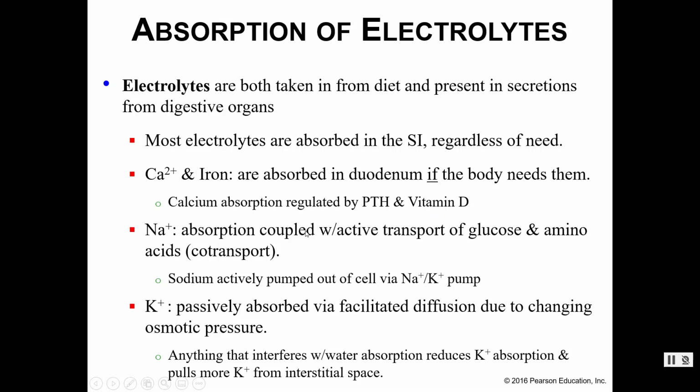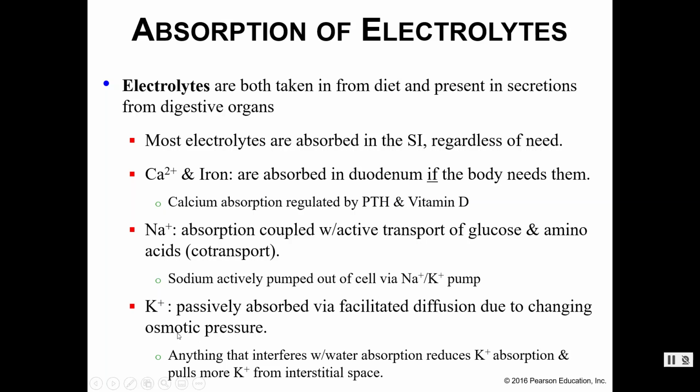Now, sodium absorption is coupled with the active transport of glucose and amino acids. So because we're coupling things, we call this co-transport. Okay. Sodium is actively pumped out of the cell as well via the sodium-potassium pumps. So we can move sodium in a couple of different ways. And then potassium is passively absorbed through facilitated diffusion because of the changing osmotic pressures that we can experience.